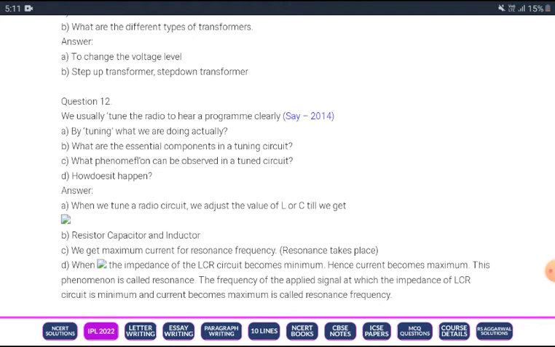What are the essential components in a tuning circuit? Resistor, capacitor and inductor. What phenomenon can be observed in the tuned circuit? We can get maximum current at resonance frequency; resonance takes place.